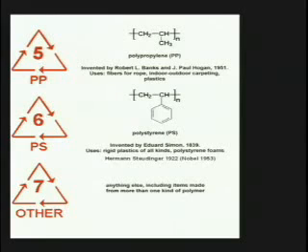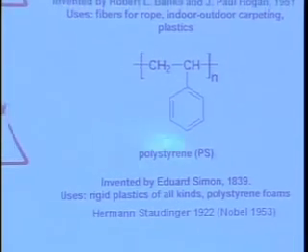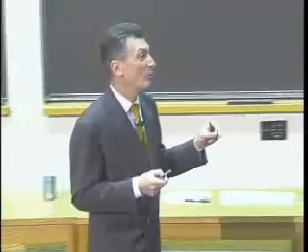Polypropylene, 1951. Polystyrene technically was isolated by a German apothecary in 1839 who didn't realize what he had. He had some material that he got out of this resin, and it was around 1922 when Hermann Staudinger reasoned that, in fact, this was a long chain of styrene. It was polystyrene.